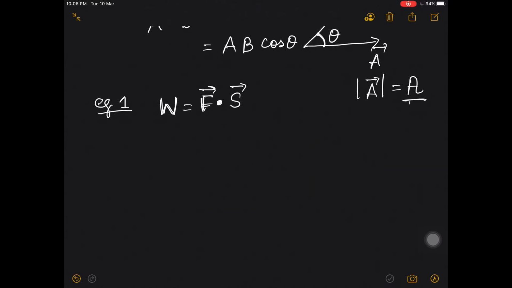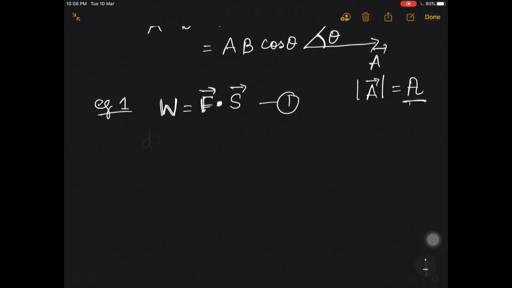Let us take another example. Let us differentiate this equation with respect to time: d/dt of W is F dot d/dt of s.